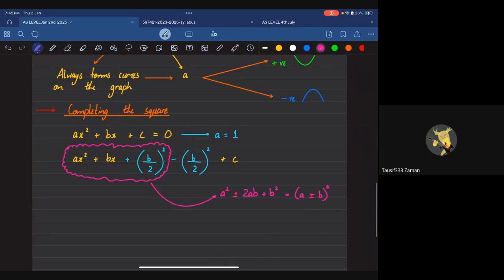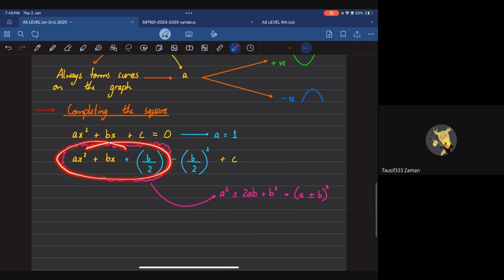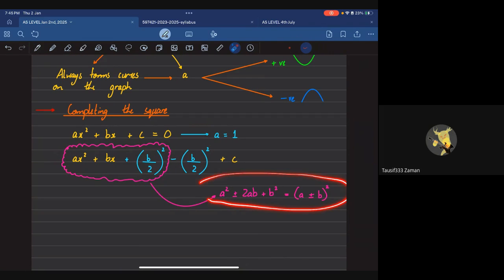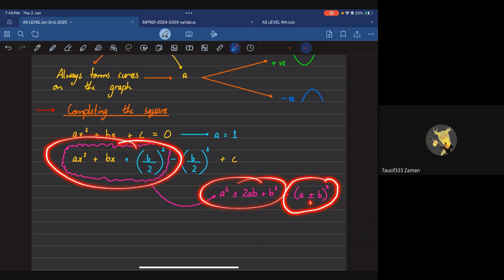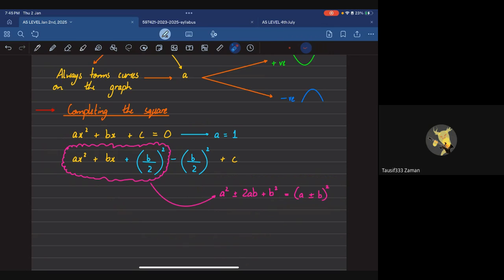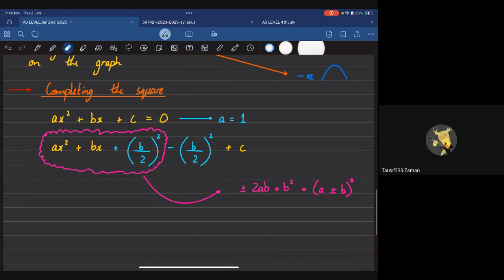So because this shape of the equation is identical to this shape, and because this can be written as this, can I not write this entire thing as this, where your A is going to be taken as X and your B is going to be taken as B? Like, for example, if the letters are confusing, let's replace them.